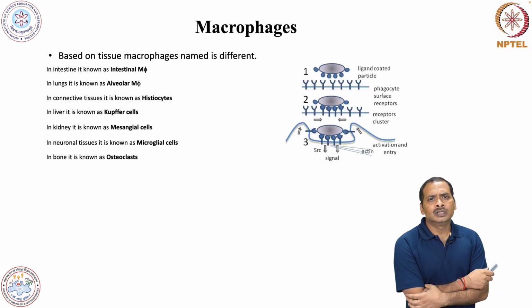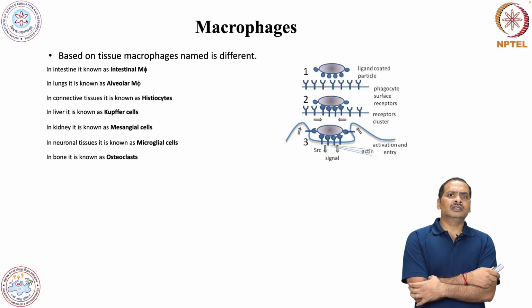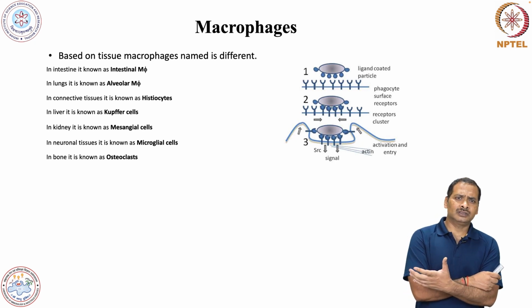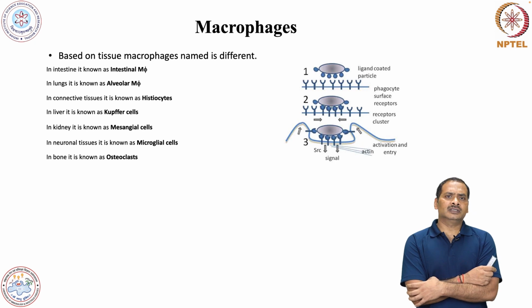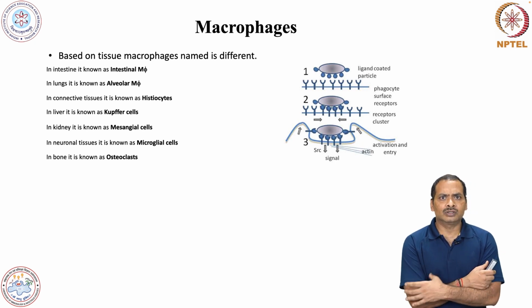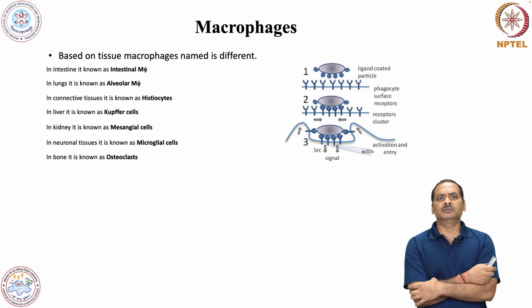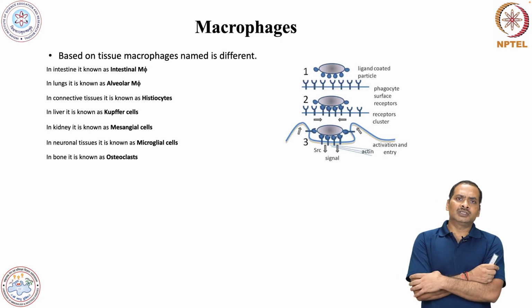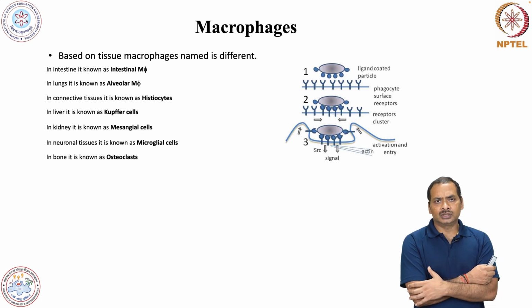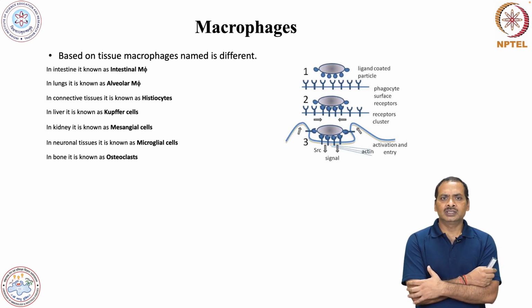So, how do these macrophages phagocytose? As I told you, when a pathogen or some bead comes in contact, here you can see a bead coated with some ligand, and there is a receptor for it on the macrophage.